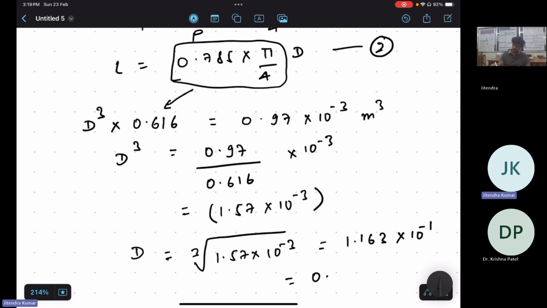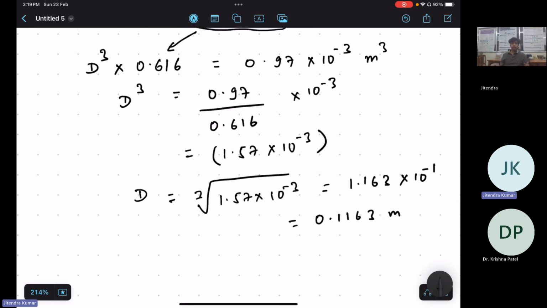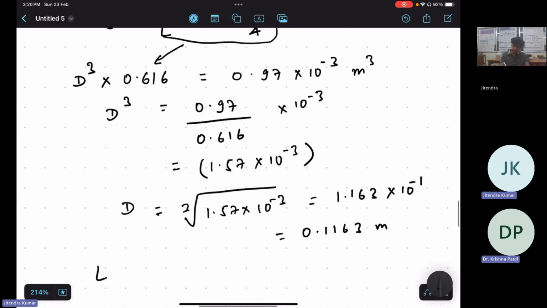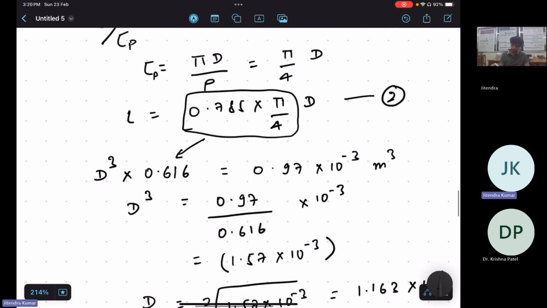It will be 0.1163 meter. So this is the value of bore diameter, right? Yes, sir. Now, since we have calculated d, we can calculate L also directly. Stack length.